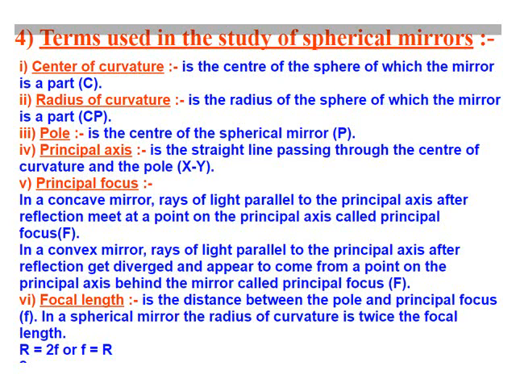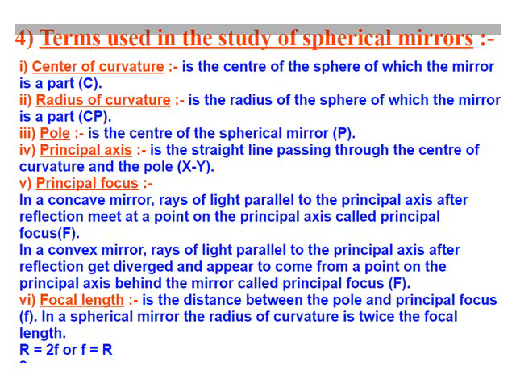The distance CP represents the radius of curvature. Pole is the center of the spherical mirror, and it is represented by P. Principal axis is the straight line passing through the center of curvature and the pole.